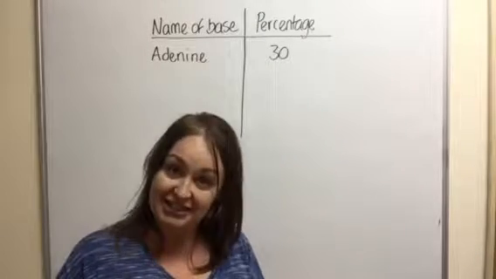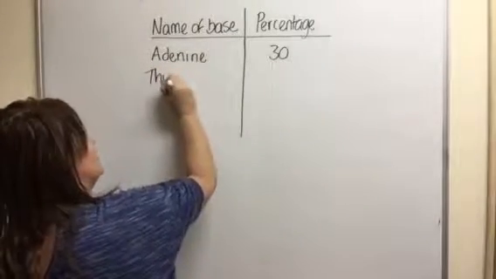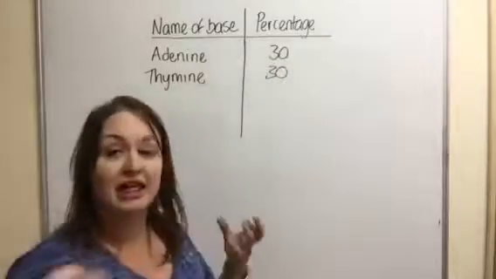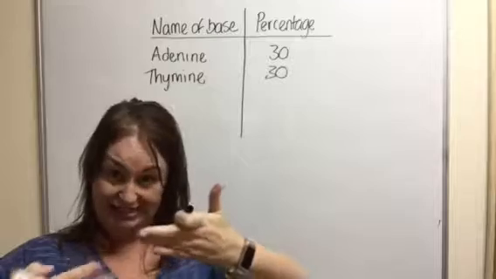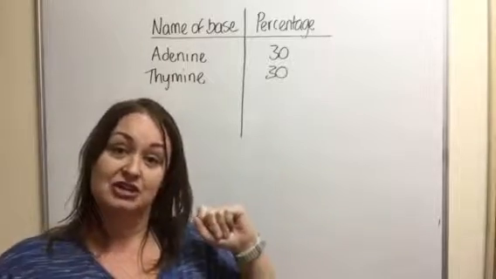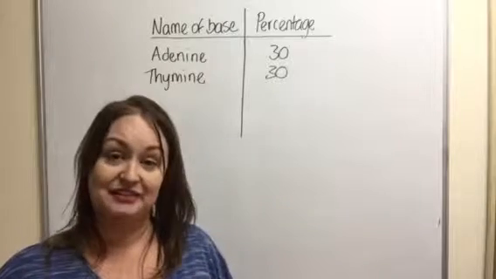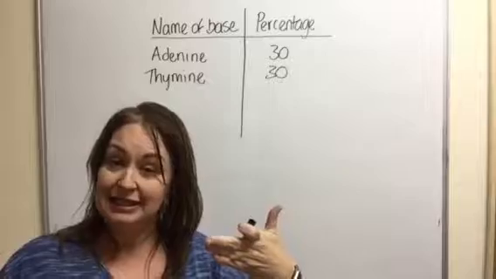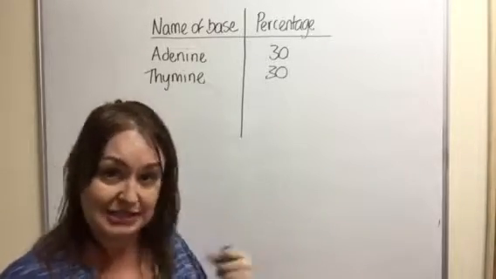Well, if adenine is 30%, then thymine must also be 30% because they connect together. So for every one adenine, you've got a thymine. So if that's 60% of our DNA, there's 40% left. That 40% is made up from cytosine and guanine. So therefore, it must be 20% and 20%.